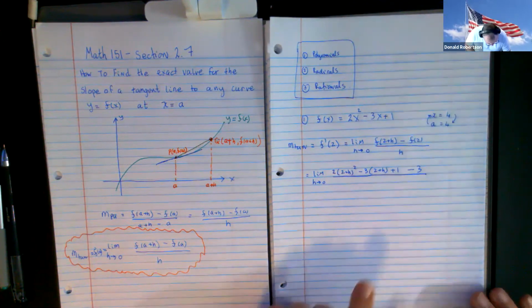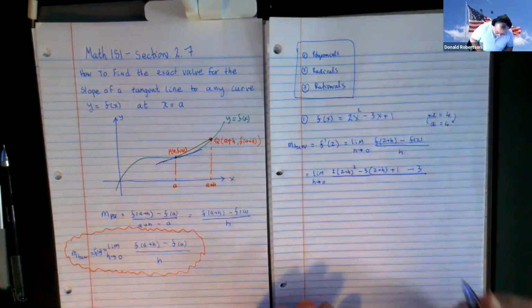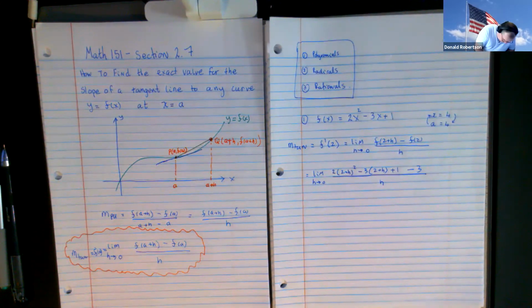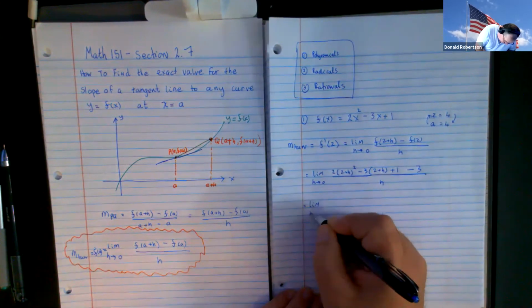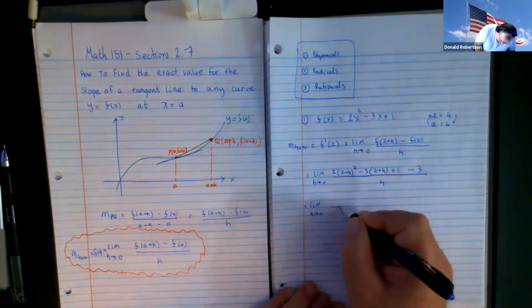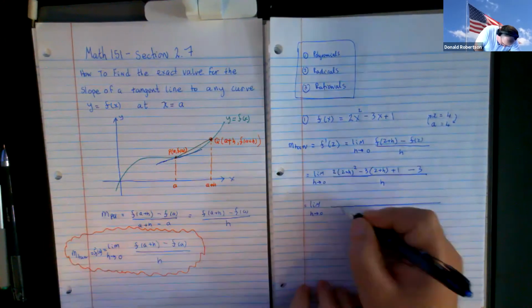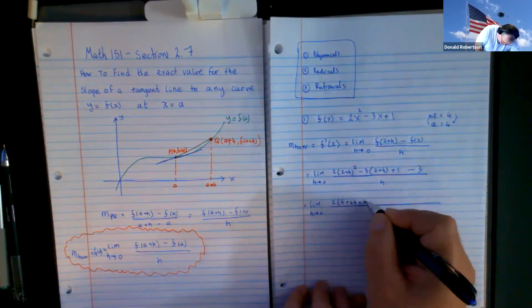Let me check. 2, 4, 8, 9, 10. Yeah, 3. Are we good so far? So it's then going to become the limit as h tends to 0. Multiply that guy out and you'll get a 4 plus a 4h plus an h squared.